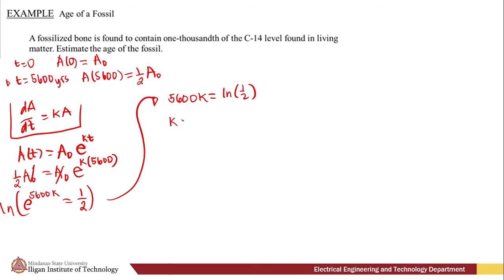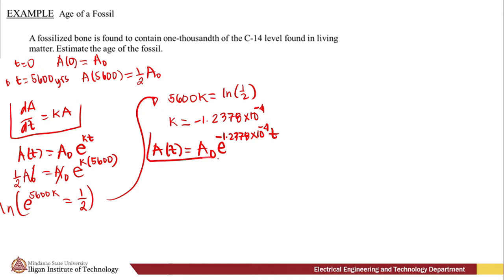Solving for k, the value of k is negative 1.2378 times 10 to the negative 4. So our complete solution A of t is now equal to A sub 0 e raised to negative 1.2378 times 10 to the negative 4 t.